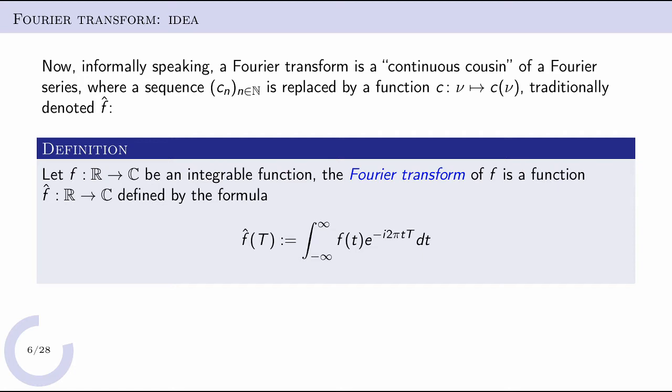We can think about it in this way. The Fourier series just detected discrete periods in a given function f, and the Fourier transform detects all the possible frequencies which appear there. So we had Fourier coefficients C1, C2, C3, and so on.